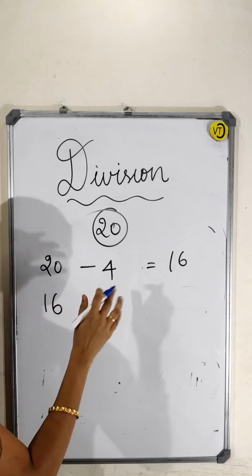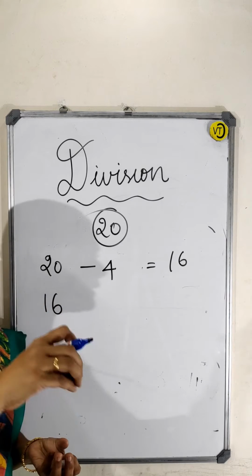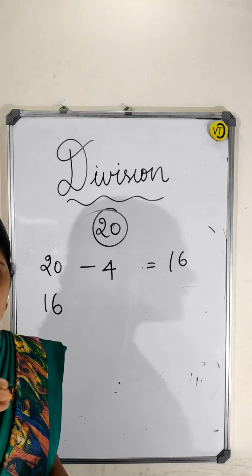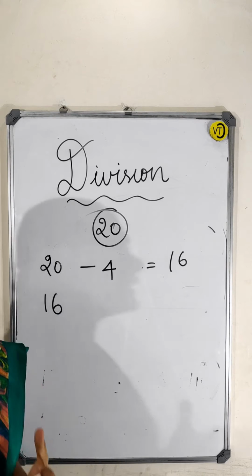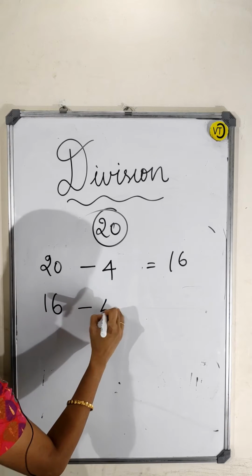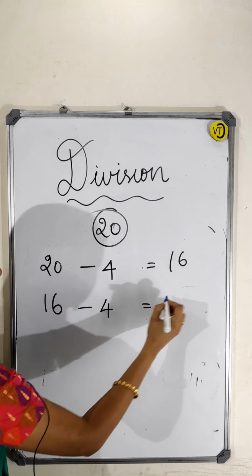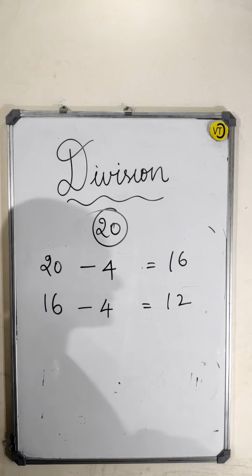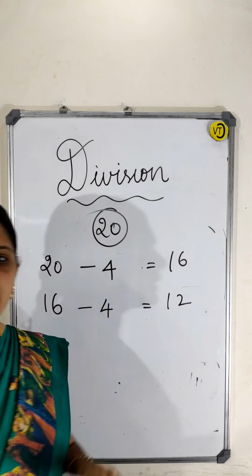She will again give one chocolate to each child. Then each child has 2 chocolates, correct? Then 16 minus 4 is 12 chocolates. Grandmom has 12 chocolates now.